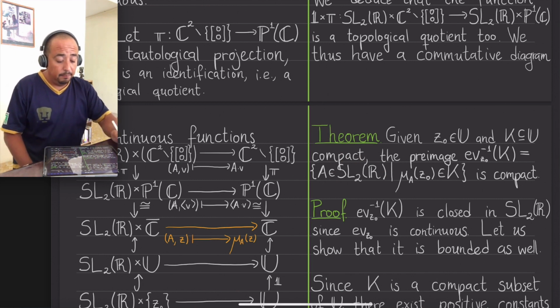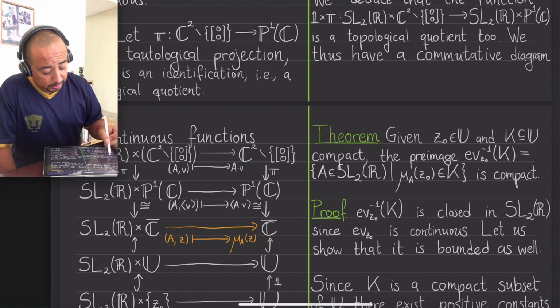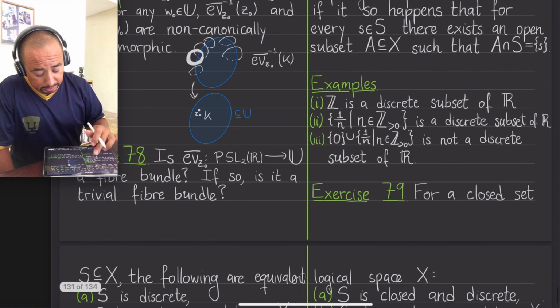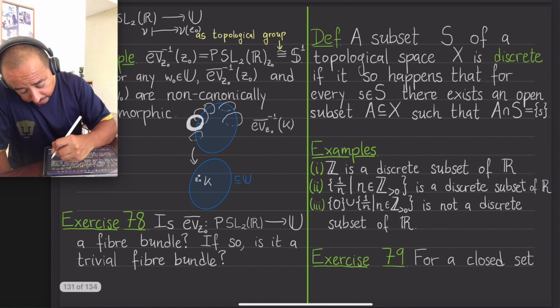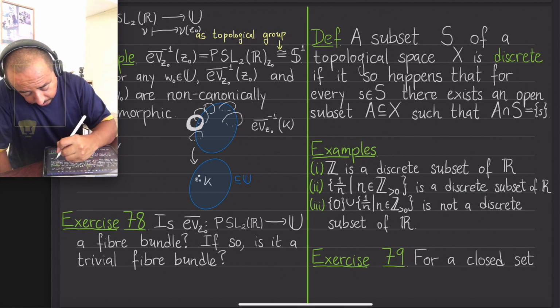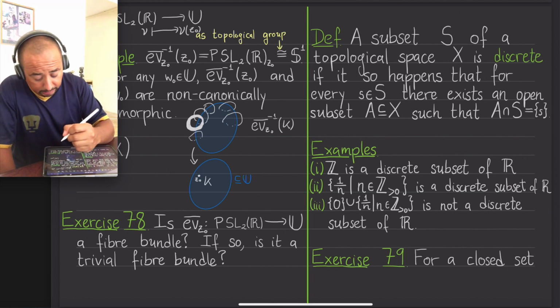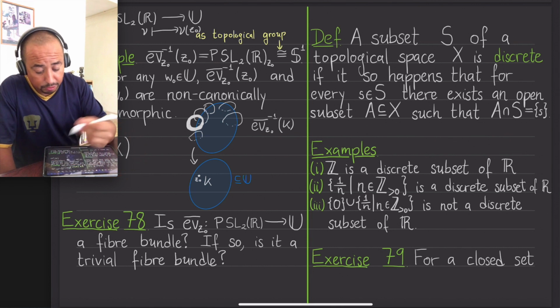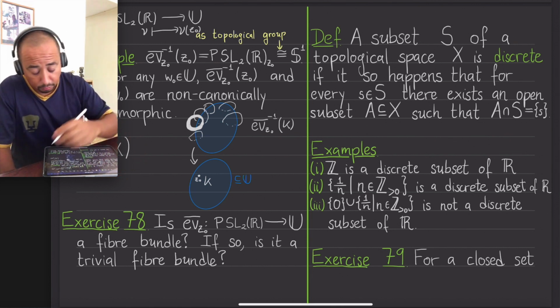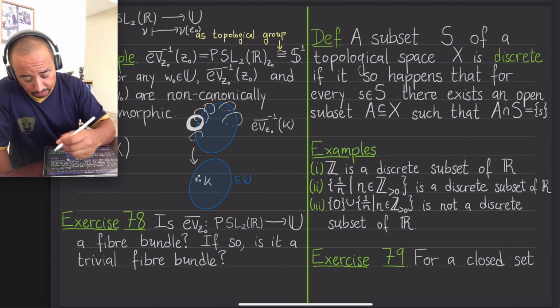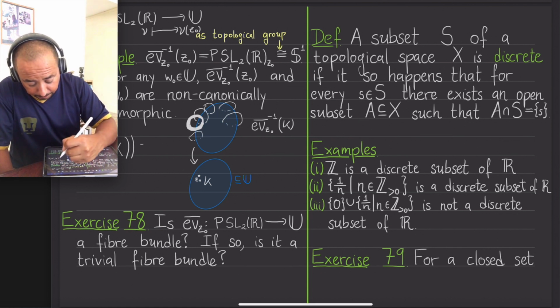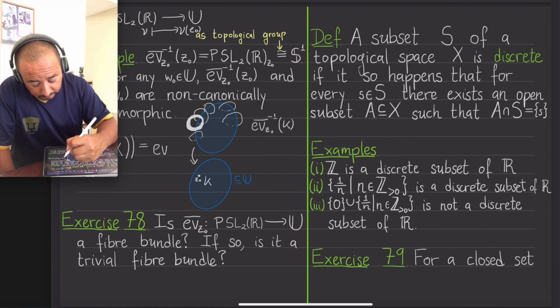Because the relation is that f z naught inverse of k, when I project to the quotient group PSL2R, let's say P the projection from SL2R, is precisely Z naught bar inverse.